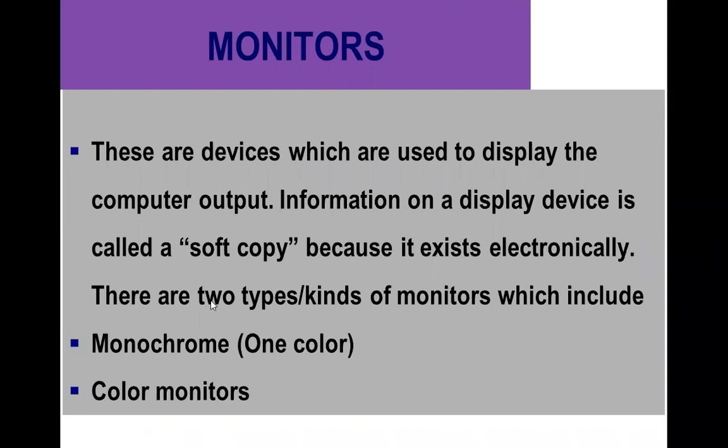We have what we call monochrome monitors, or those monitors with one color. And then we have color monitors. Remember the first TV screens we used, they were in one color. That is black and white. But with time, colored monitors have been put in place.